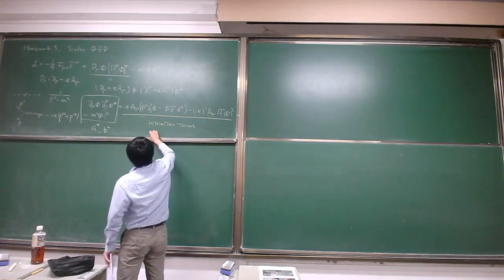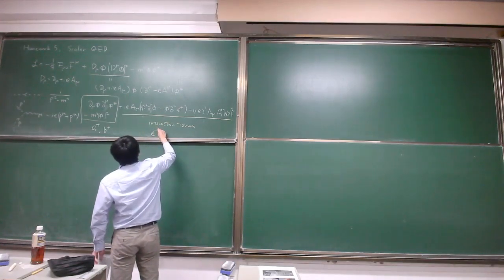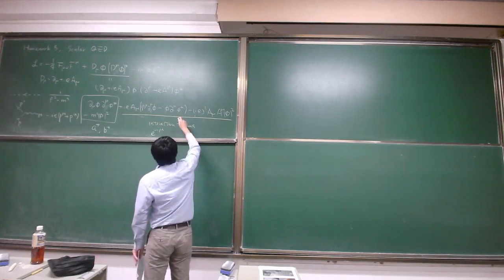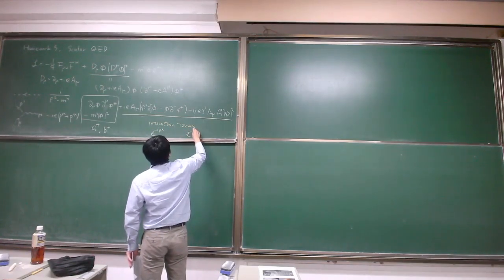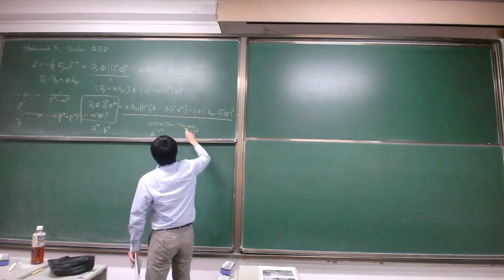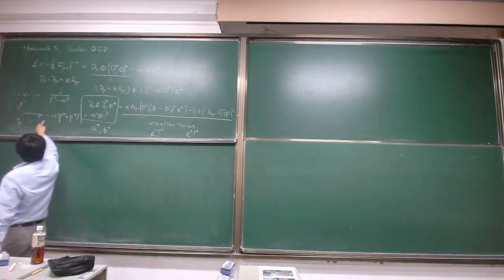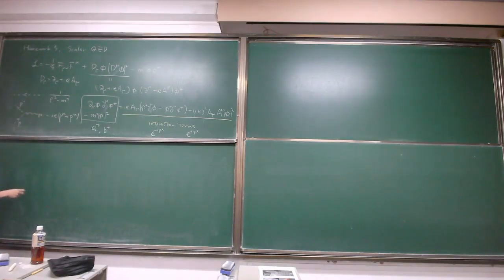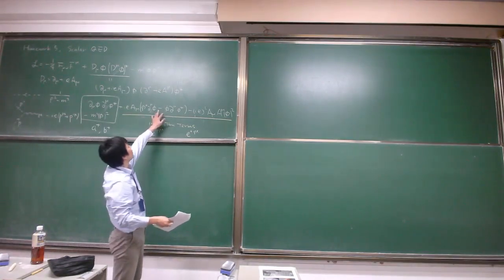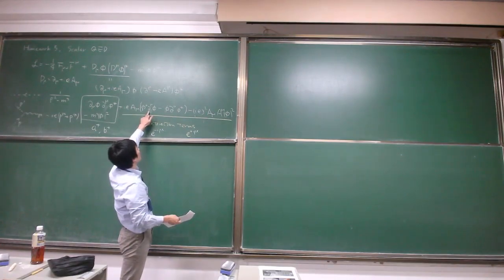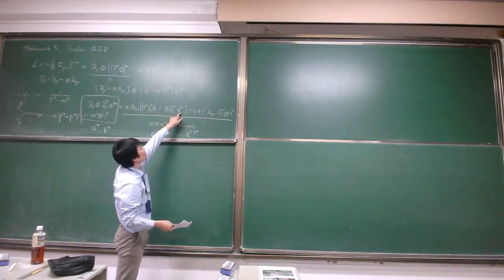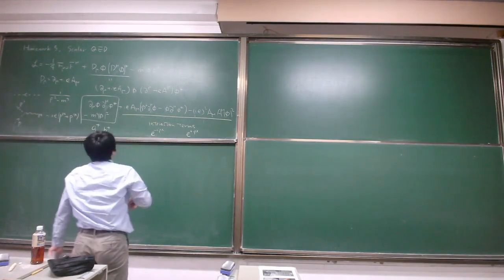So one is e to the minus ipx, for instance. The other is plus ipx for this one. So therefore the signs cancel, and that will give you this one. And that is coming from here. So one gives you p^mu and p prime^mu, because of the anti-particle.